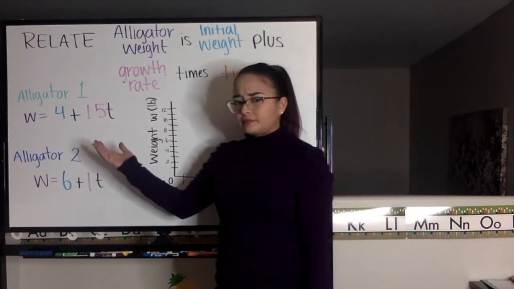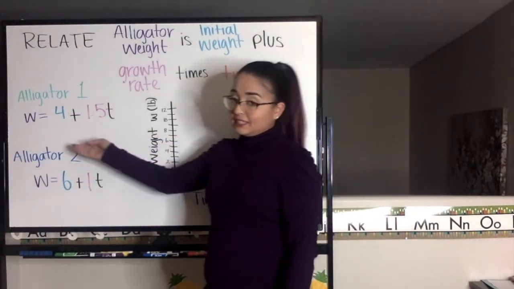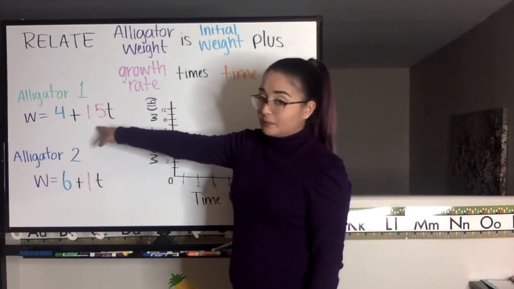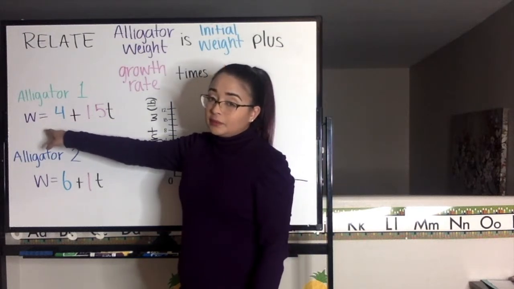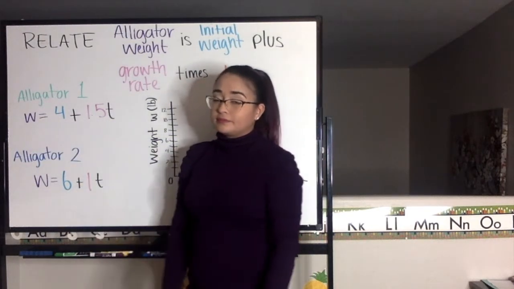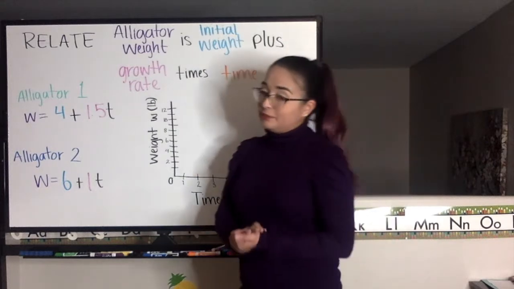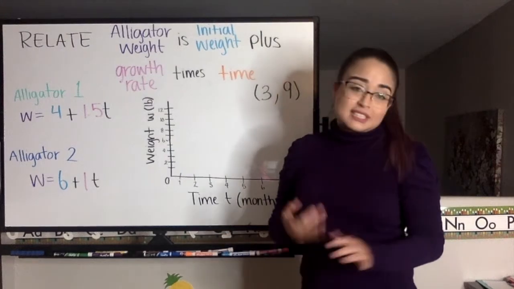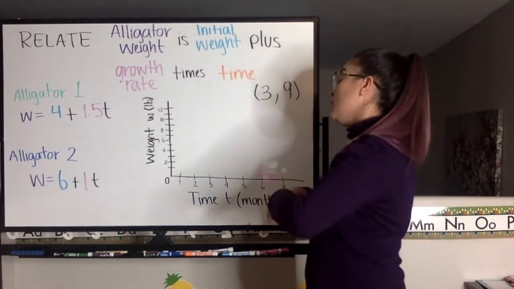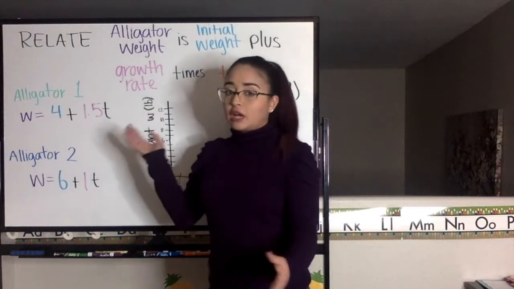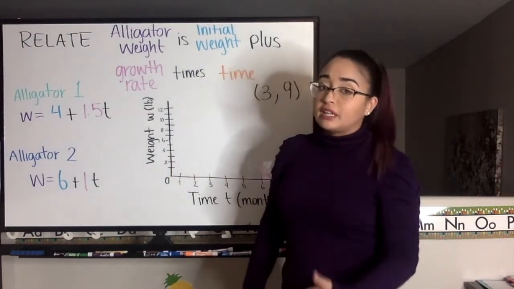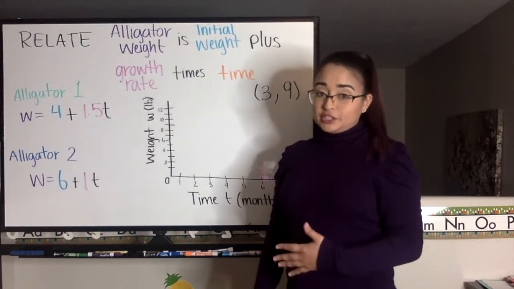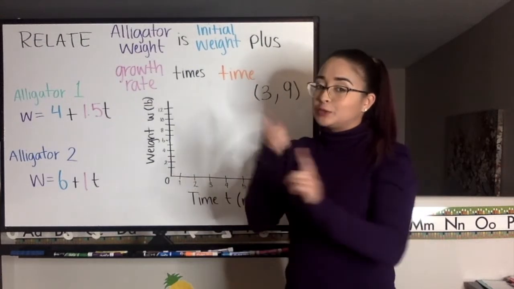Now, looking at it like this, our slope would be 1.5t, and our y-intercept would be the 4. Okay? Now, to graph, we are going to use our method that we always do, which is elevator, elevator, walk. Now, I know it looks a little out of order for what we would usually use, but we also have to identify our slope and our y-intercept, which in this case are going to be switched places.